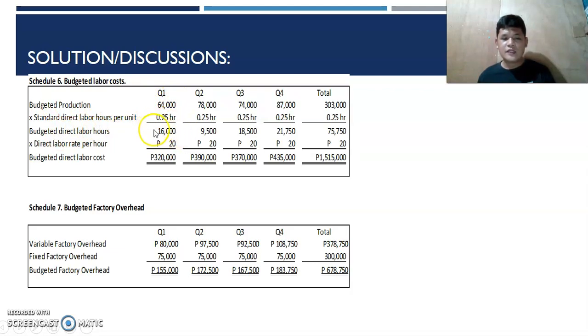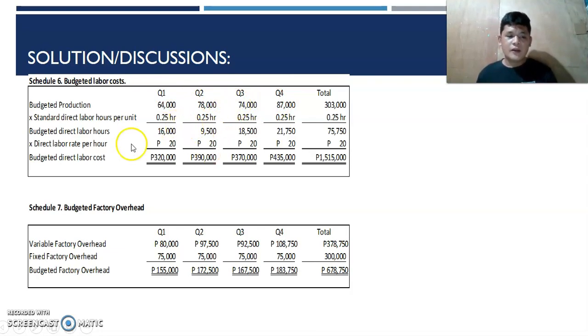Since ang bayad daw sa worker is per hour, 20 pesos yung bayad. So, kaya 16,000 hours multiplied by 20 pesos, ito na yung budgeted direct labor cost, 320,000. So, the same explanation for quarter 2, quarter 3, and quarter 4.